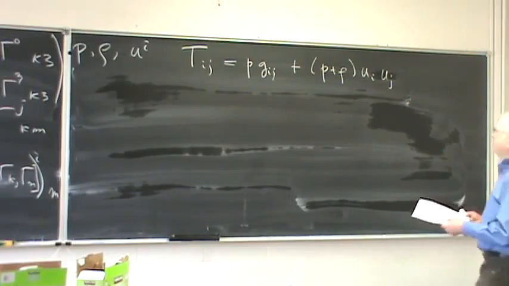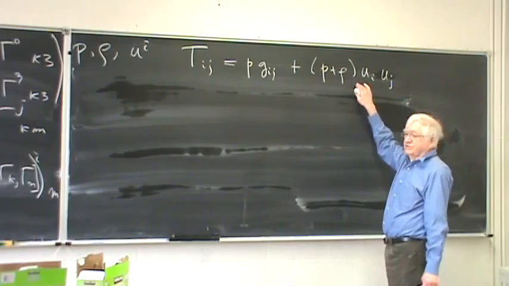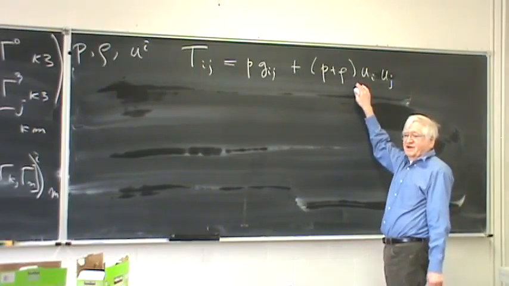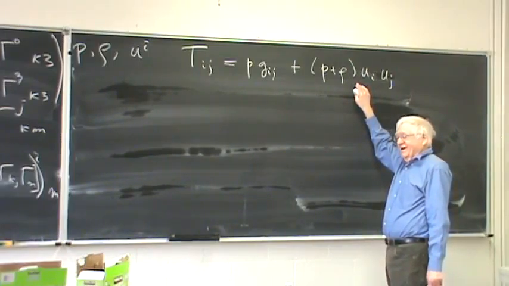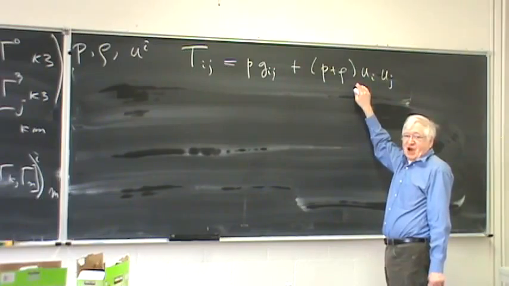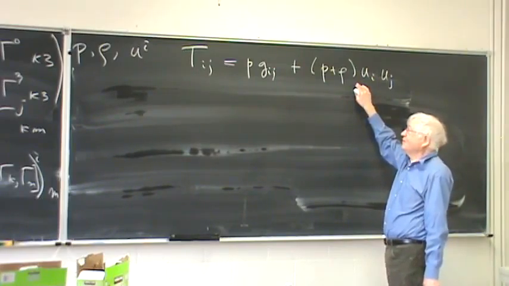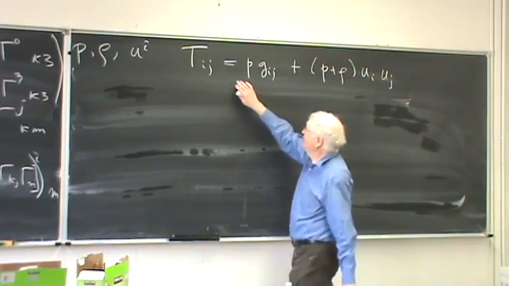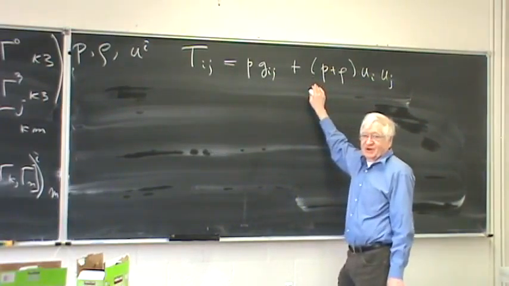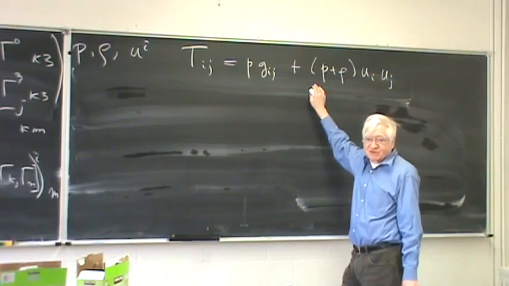Okay, and the reason for going to this is that general relativity is hard enough as it is, and so what we don't want to do is put over here something really complicated. So this is the simplest way.